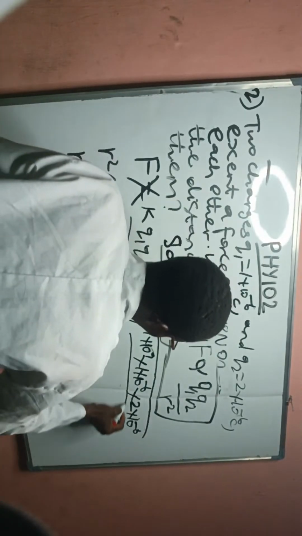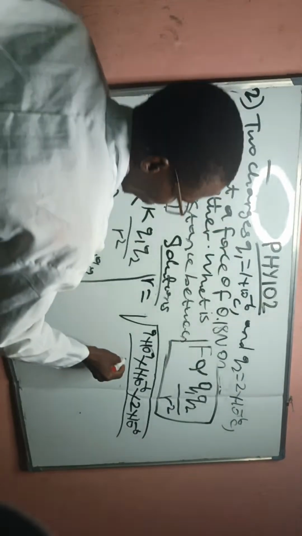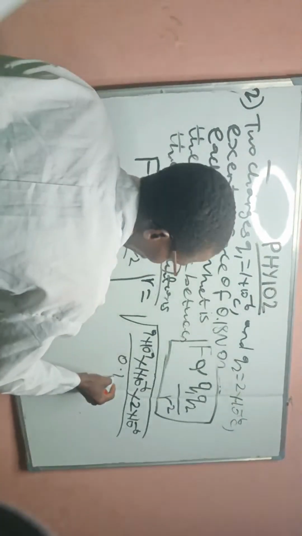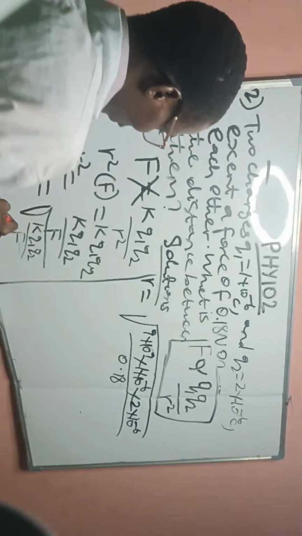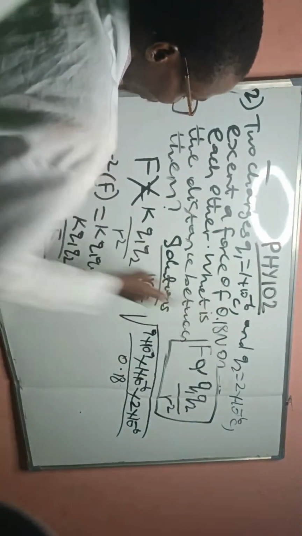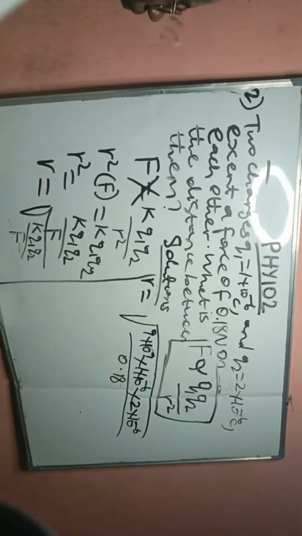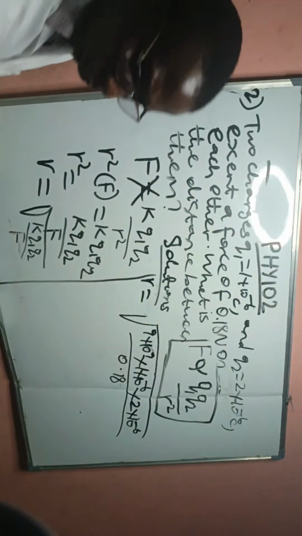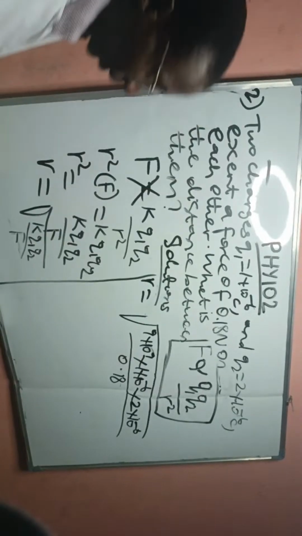You are dividing everything by 0.18 because that is your value of F, 0.18 Newton. Now it's time to make use of your calculator, okay?